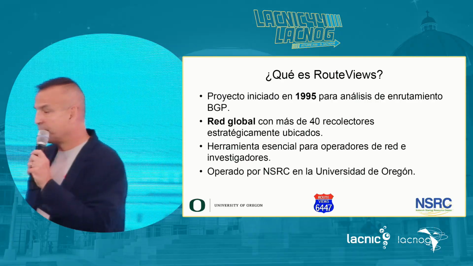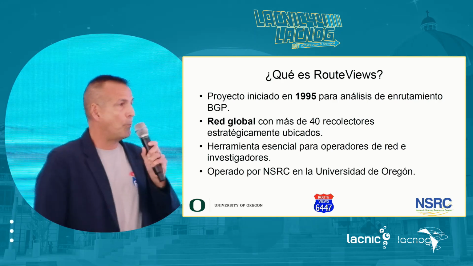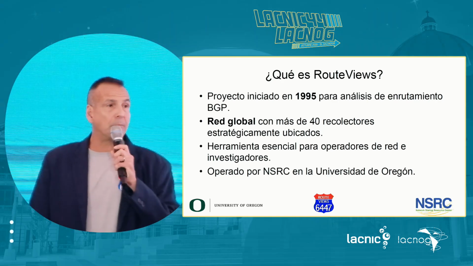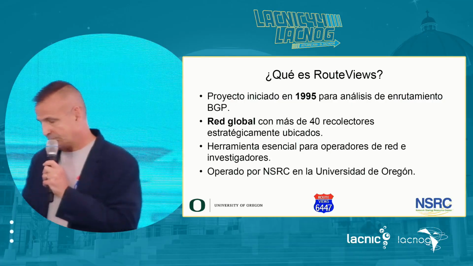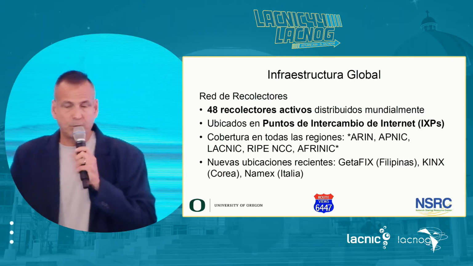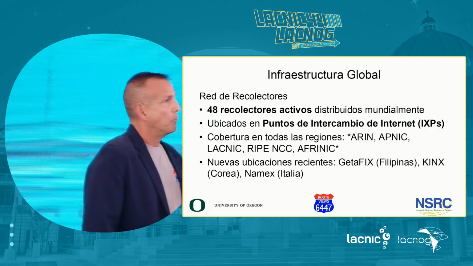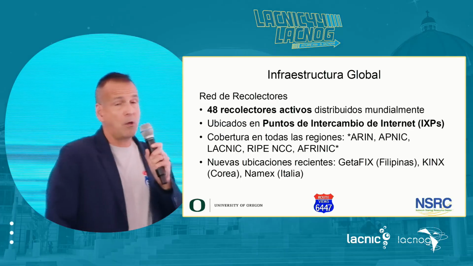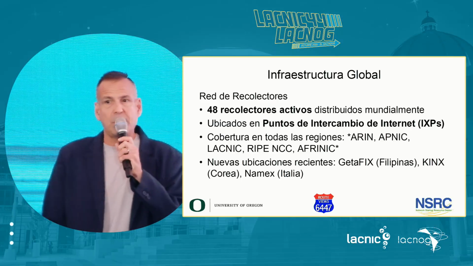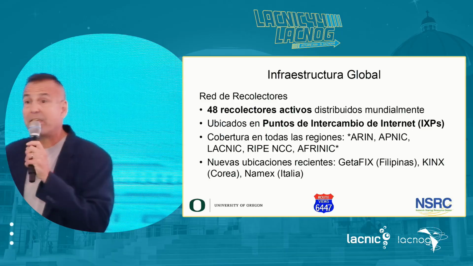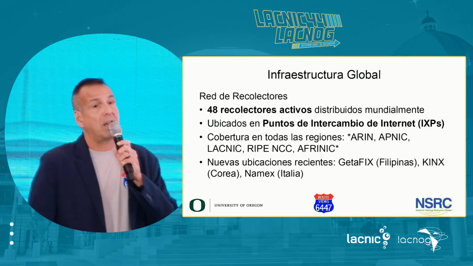Where is this located? The center is a project operated by NSRC, the organization I represent, at the University of Oregon. We have 48 active collectors distributed all over the world. We are located at traffic exchange points to provide the greatest visibility possible from those collectors.